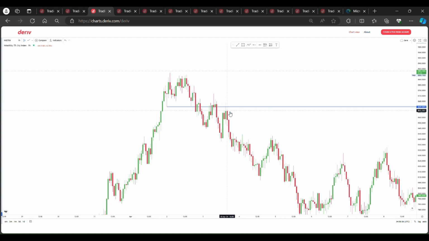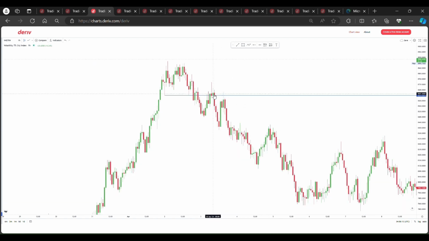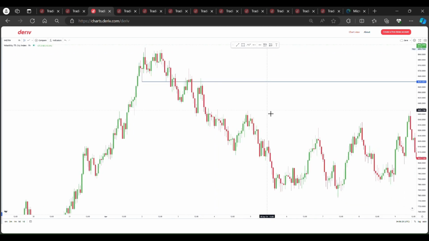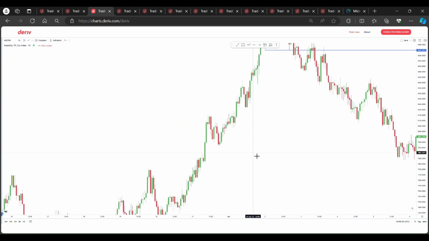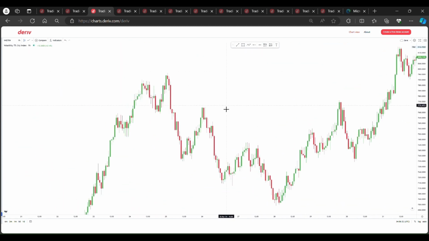So after seeing this weak rejection, then this bearish engulfing candlestick, you can just enter this trade and short it. Or you can also enter from here, because price gave us this weak rejection, then this bearish engulfing candlestick, then you sell, and you would have been in profit most of the time. So this is just how this strategy or this concept works.